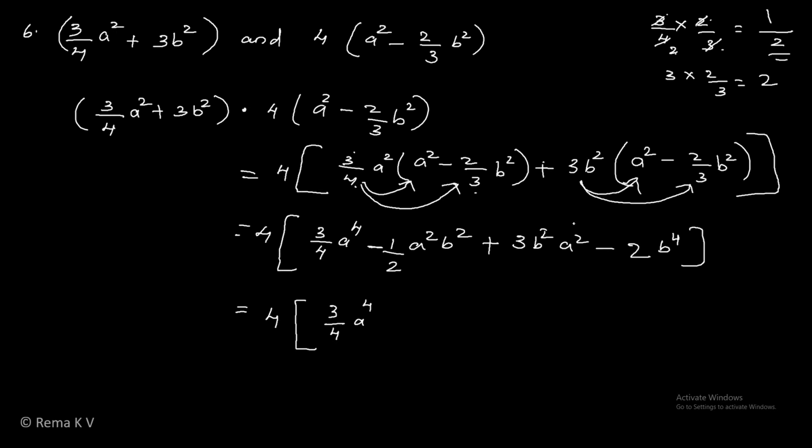Now these two are like terms. These two terms are like terms here. A square b square is the variable part and the numerical part is minus 1 by 2 plus 3. Let us simplify it. Minus 1 by 2 plus 3.